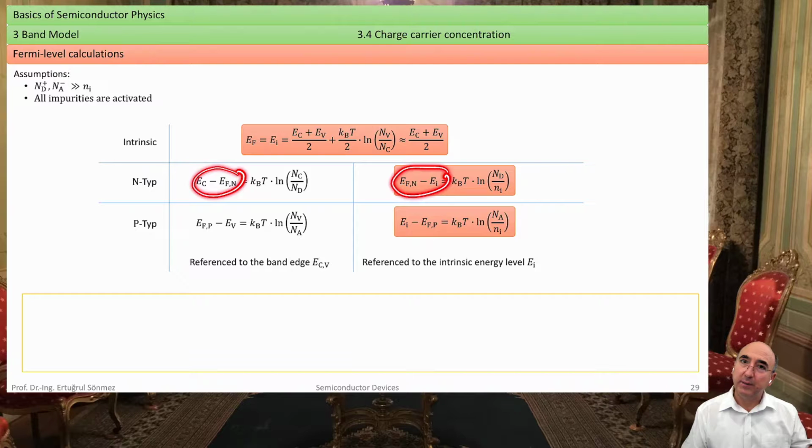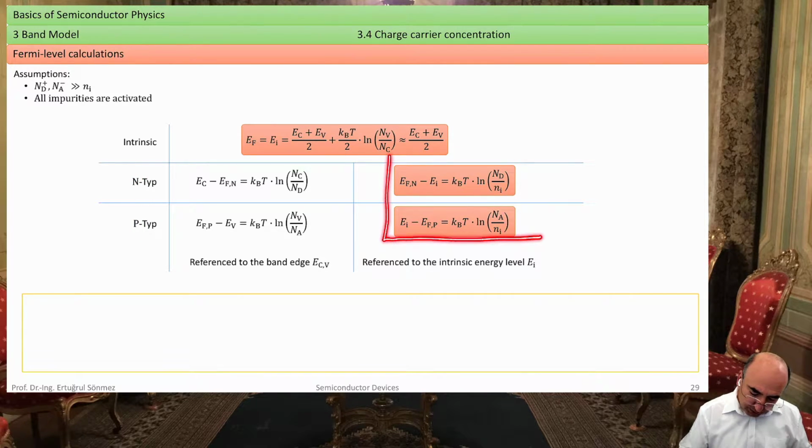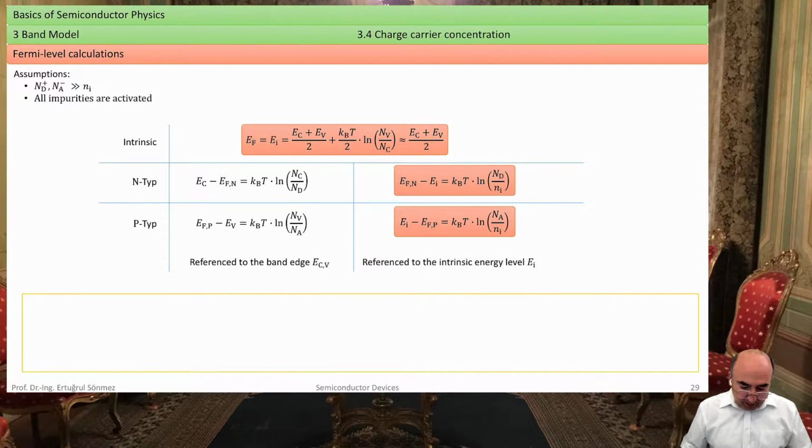Just the same equations, but solved for the distance of the Fermi level, either to the conduction band edge or to the intrinsic level. Okay, and this for the N-type and P-type. Therefore, we have four equations. The most interesting way of calculation is here marked in this area. So let's calculate for a given doping concentration this distance to the intrinsic level.